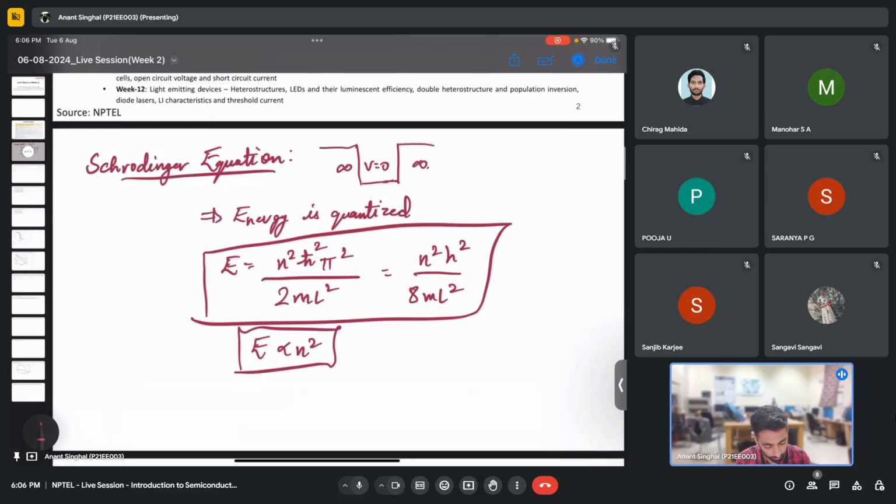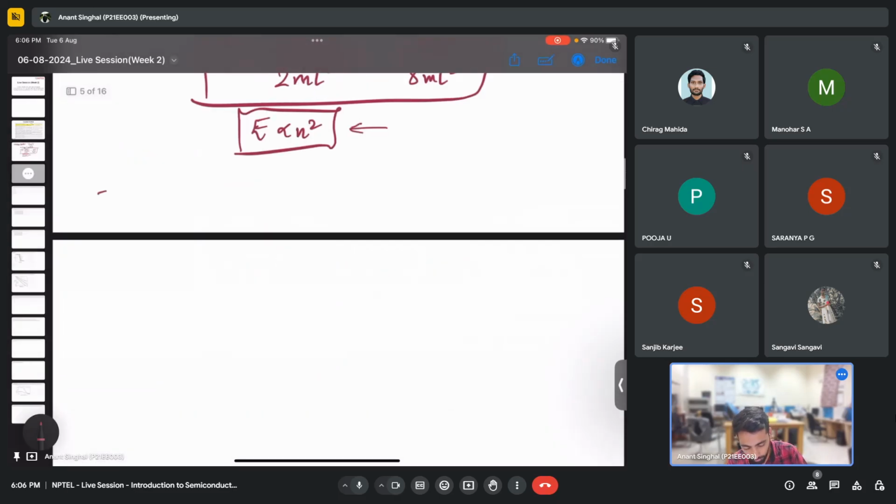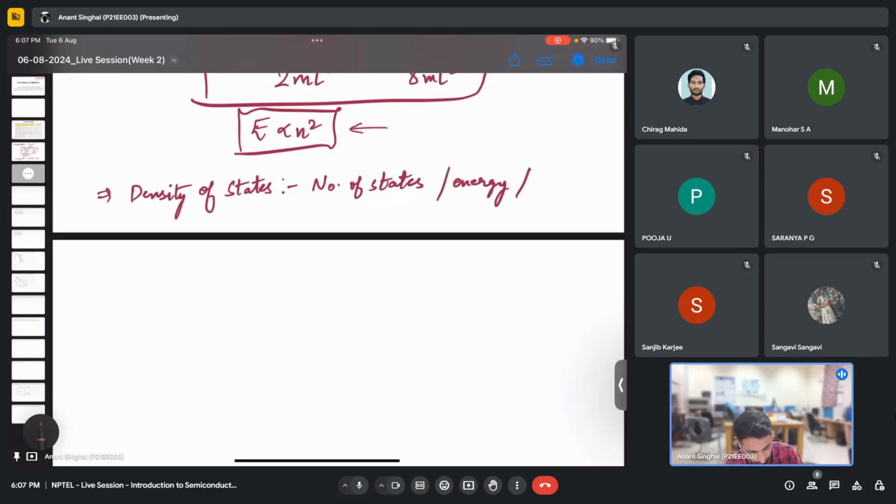So here we get to know that the energy is quantized, and the reason we read about quantum mechanics is that using this we will be solving for the density of states. This is the topic that might have been covered in the theoretical lecture itself. So what is density of states? It is basically the number of states present per unit energy per unit volume in a semiconductor.